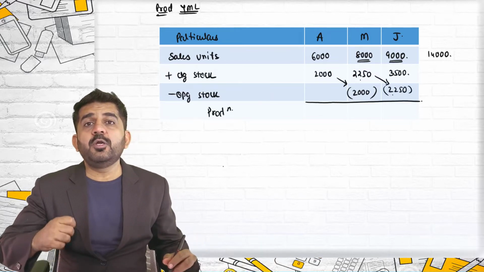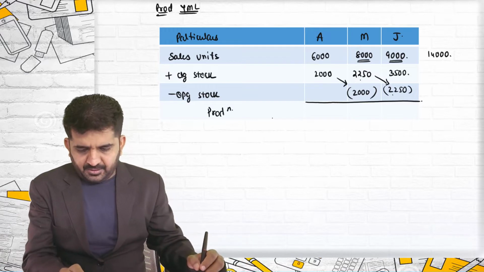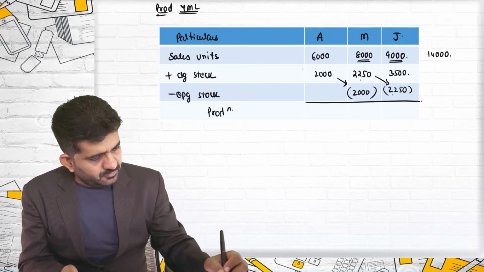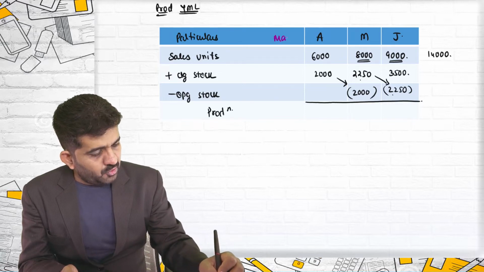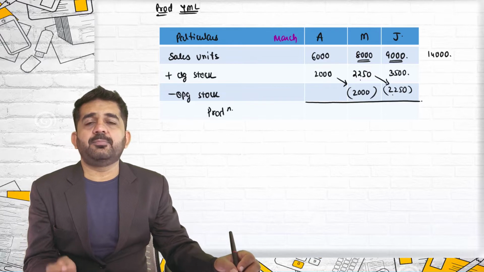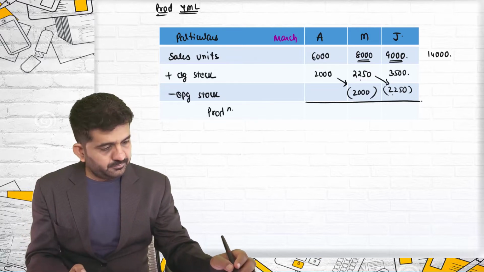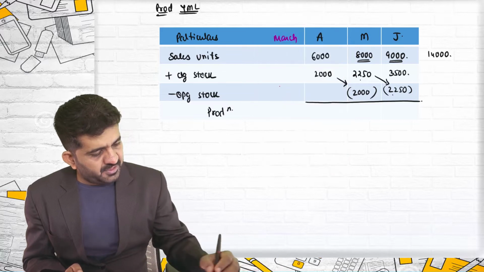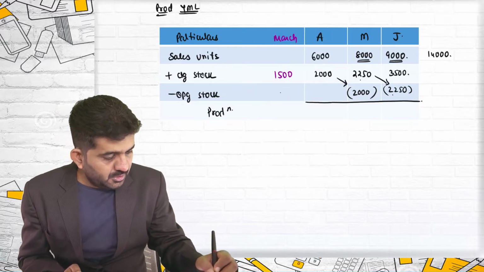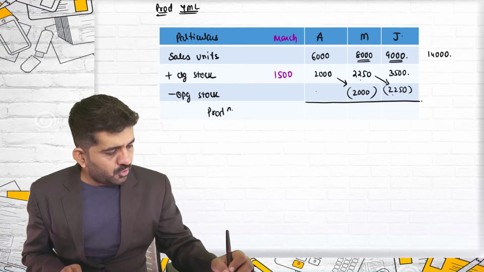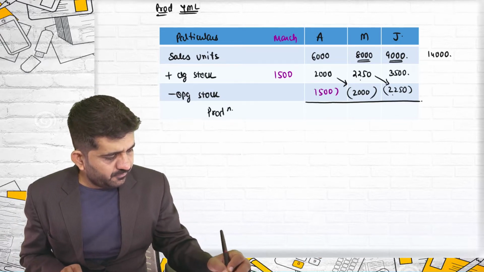Now, what would be closing stock of March? It will be 25% of 6,000. So it would be 6,000 divided by 4, which is 1,500. If closing stock of March is 1,500, opening stock of April will be 1,500.